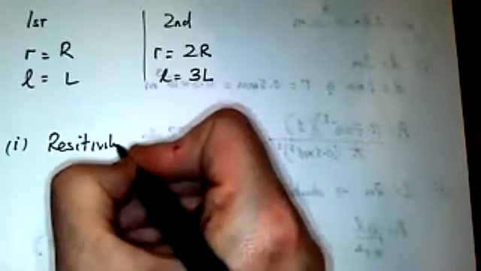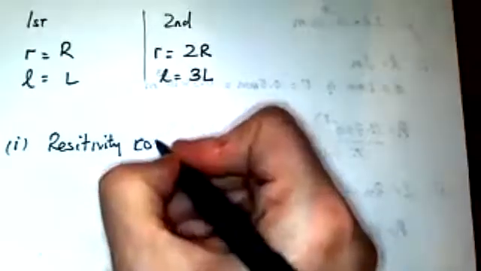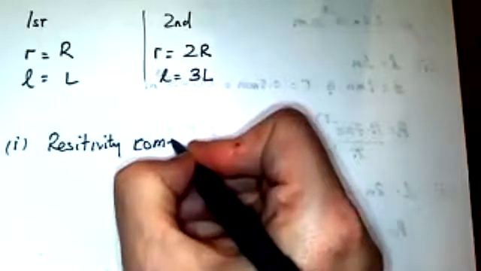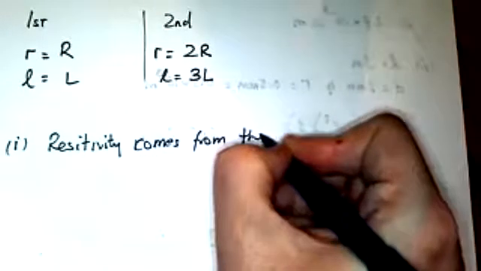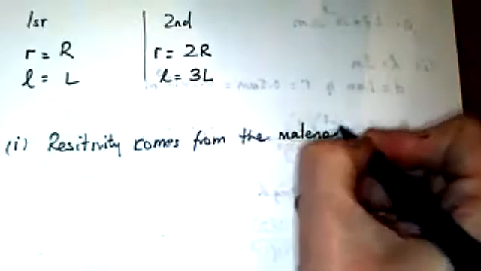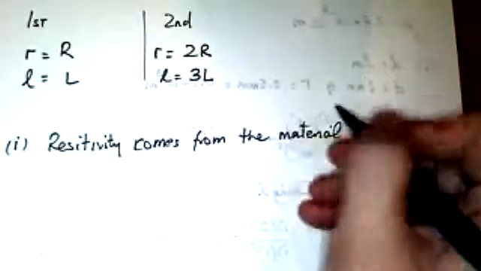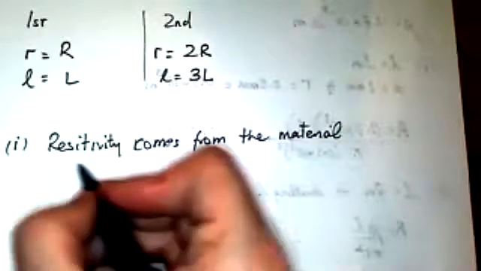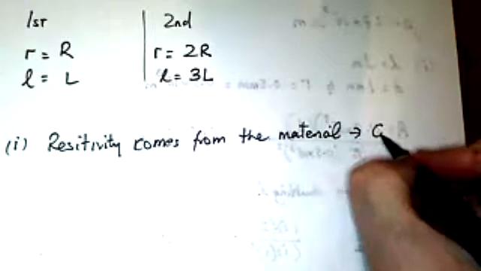The first question says, which length of wire has the greatest resistivity? Well, remember, resistivity comes from the material. The story tells me that the material is copper.